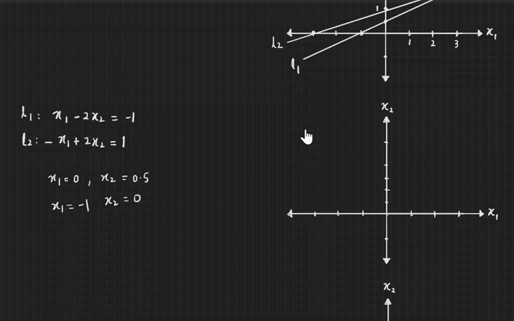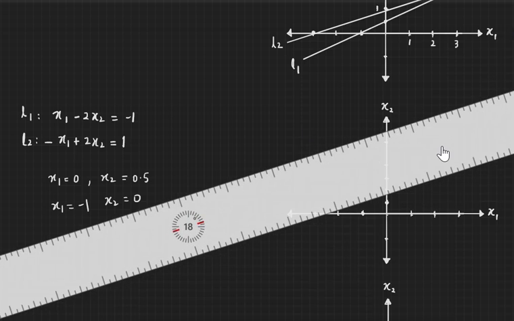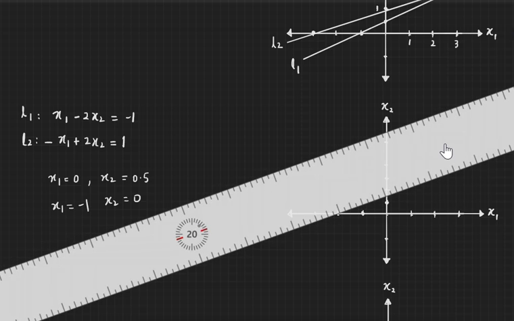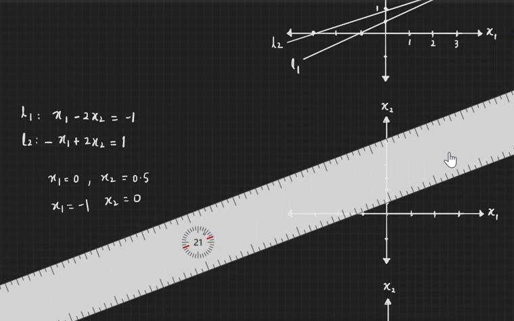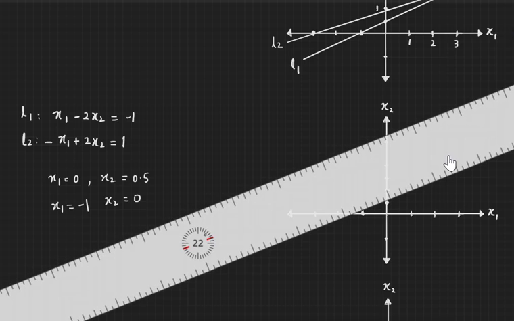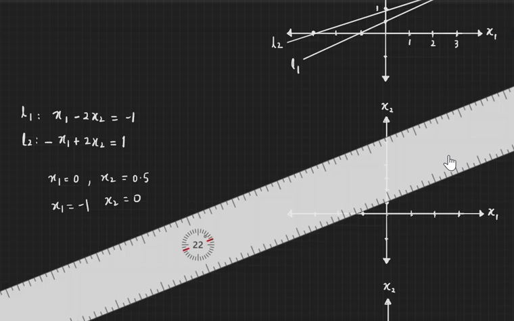It means these 2 points are on the straight lines L1 and L2. So let's join them together and extend them on both sides to get the required straight line.